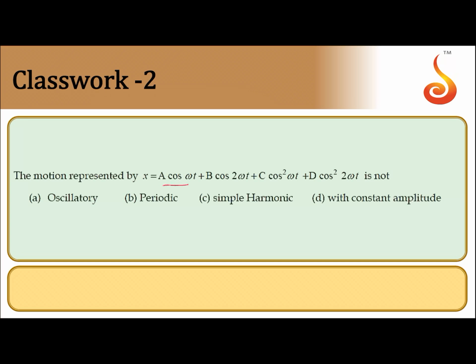So it is a periodic function but not a simple harmonic function, because sine square and cos square terms are there. So it will not be a simple harmonic function, it should be a periodic function. That's why it should be option B. It is periodic but not simple harmonic motion.